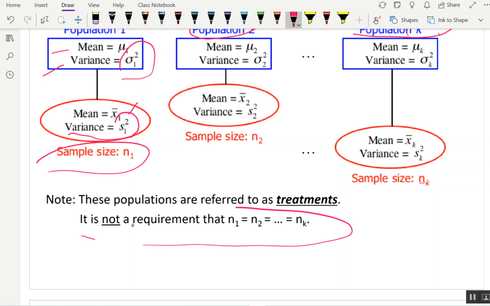What does this statement mean? It means it is not compulsory that the sample size must be equal for all of the treatments. For example, your sample size for population 1 is 6, but for population 2 you have a sample size of 3. It can be, but it doesn't mean that if the sample size of population 1 is 6, sample 2 must follow the same. So this is what the statement means.